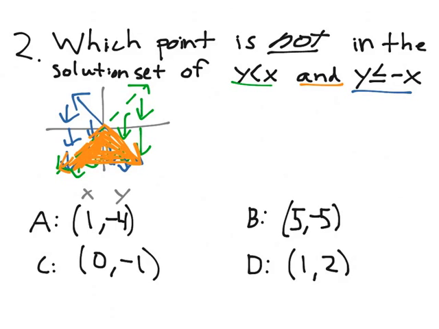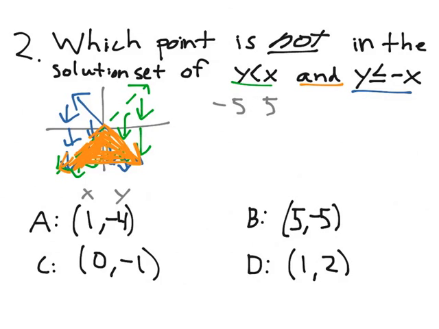Now let's look at B. X is 5 and y is negative 5. Negative 5 is less than 5, so that works. Negative 5 less than or equal to negative 5. Now luckily it says less than or equal to. That means this is included, because in this case negative 5 is equal to negative 5, so that works.